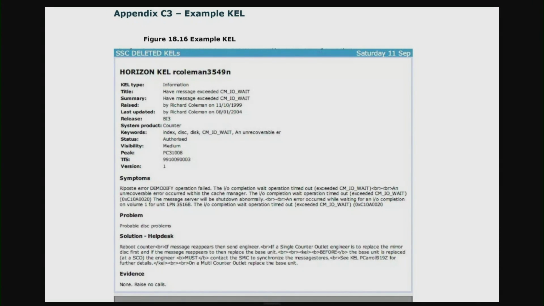Yes. The second line support, the System Management Center. Yes. The third line support, the System Support Center. Yes. And that third line support, as well as having read-only access, were permitted to create a new KEL themselves or to make changes to an existing KEL, to update a KEL. That is correct.